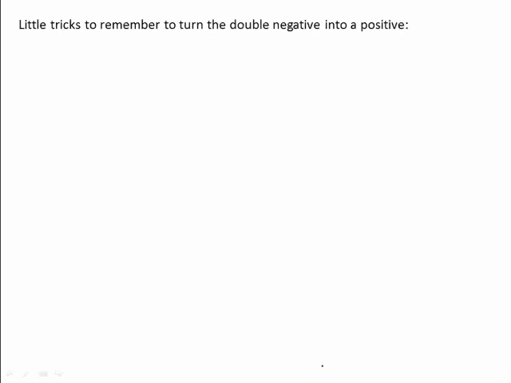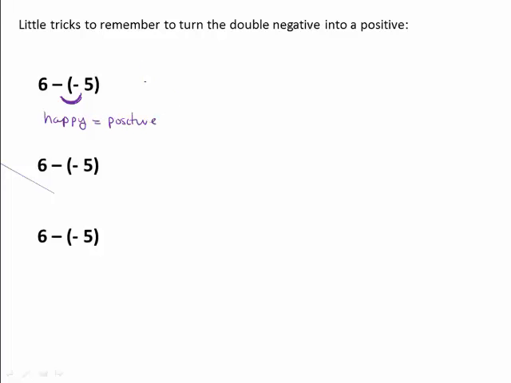And here are some tricks to help you remember to turn the double negative into a positive. I've got 3 tricks. When you see that double negative, the first trick I have is that I make a smiley face. He's happy, which is positive. So 6 plus 5.